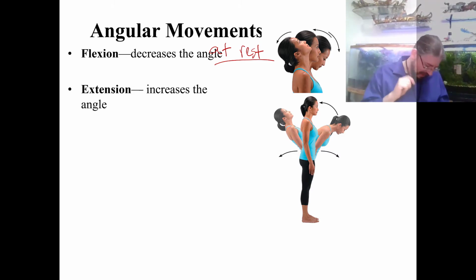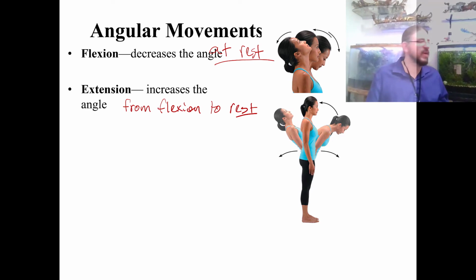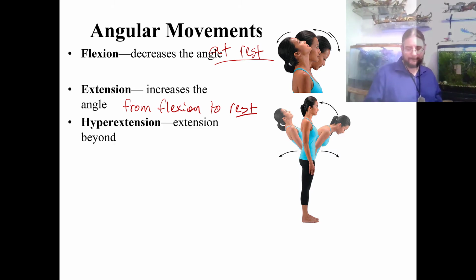So if I'm flexed, I can extend. Extension is generally considered from flexion to rest. So here I've extended my neck joint. Flexed, extended to rest.